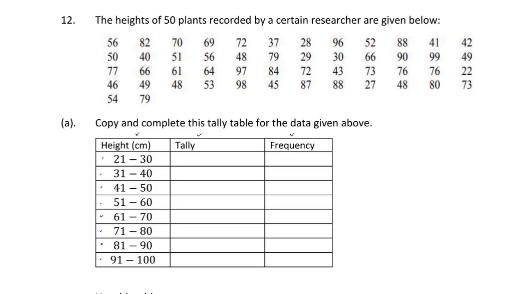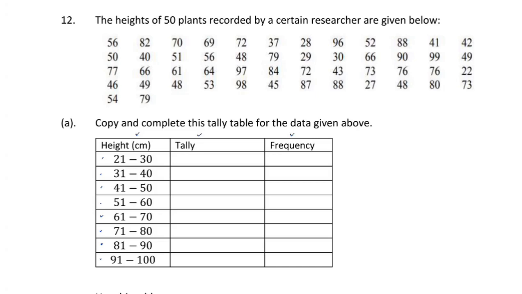Okay, so for the next part, to complete the table, we just count the data and fill the tally column for each data as /, and for frequency, we just count the total number of tallies in a particular row.